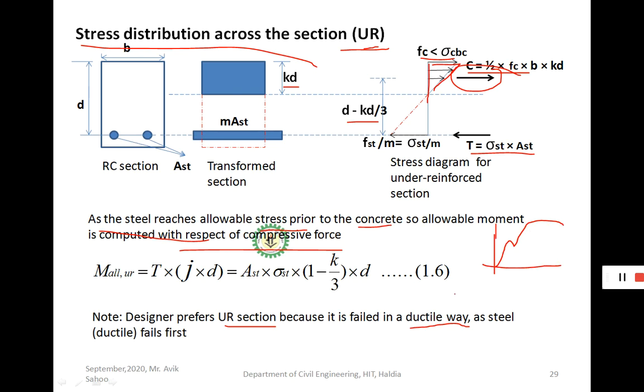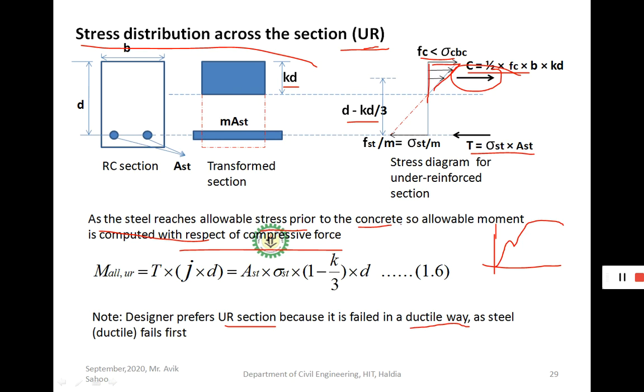Suppose the steel under load reaches the allowable stress, it means the structure is now going to fail, since it is more than sigma st by m. So the failure occurs gradually.